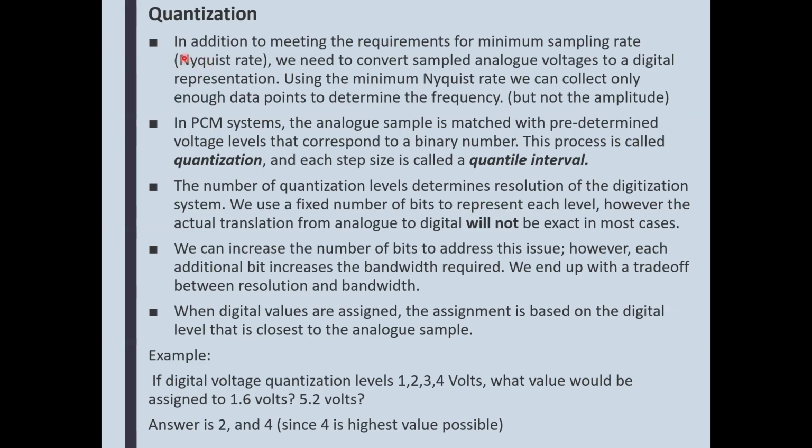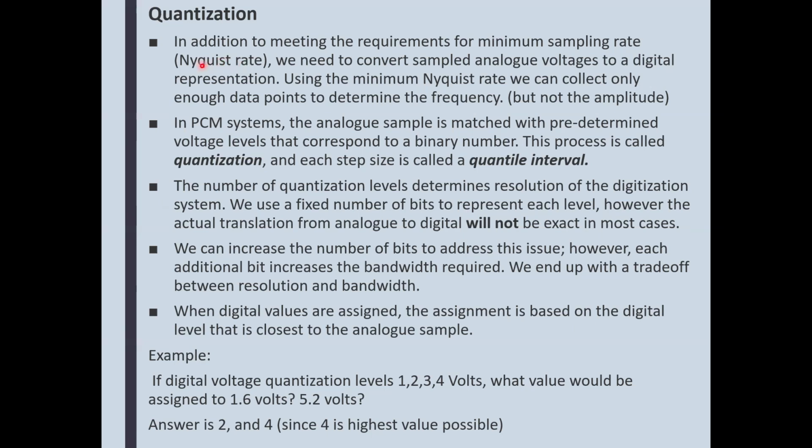Quantization. In addition to meeting the requirements for minimum sampling rate, the Nyquist rate, remember that? The frequency of the sampling has to be twice the highest frequency that you care to transmit, in order to recreate the frequency, not necessarily the shape. For the shape, it has to be 10 times.